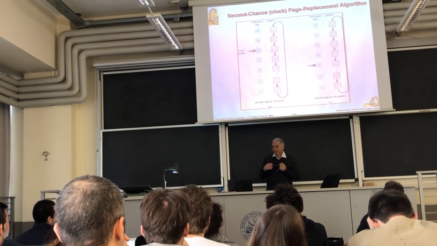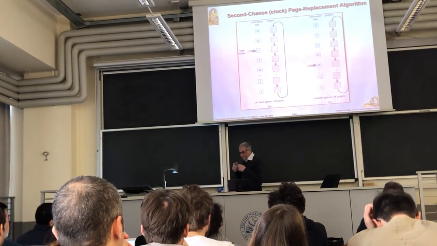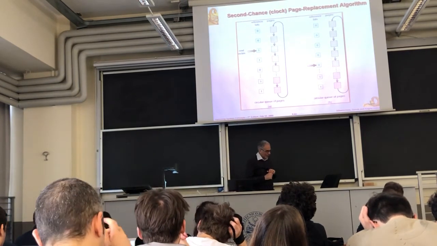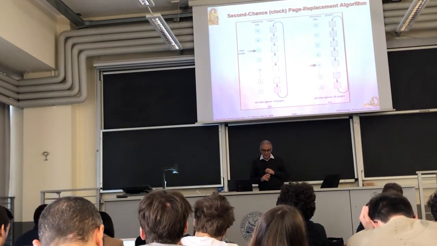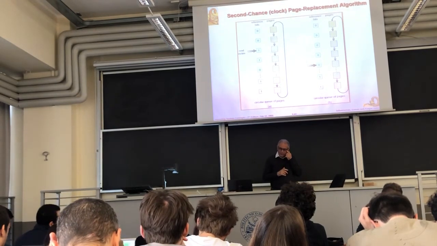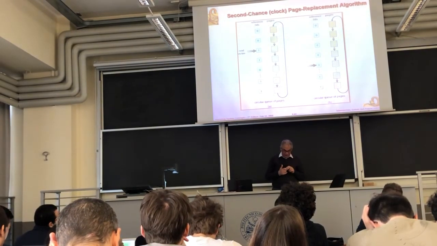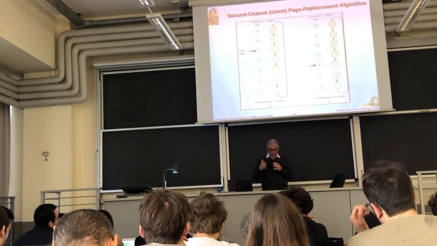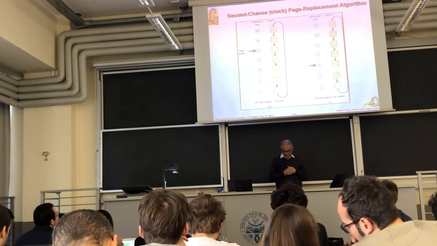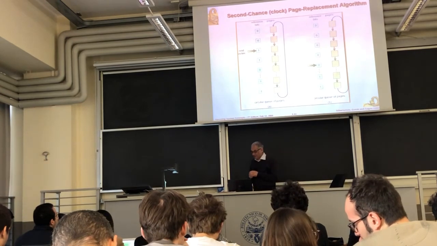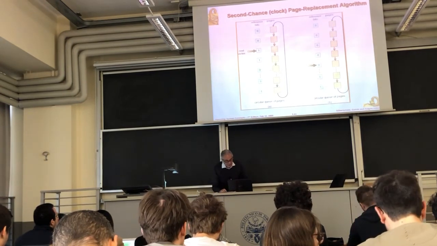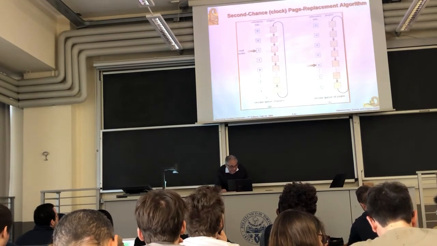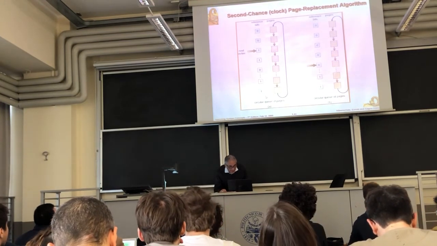So, what does the second chance algorithm do? It is an evolution of the first in, first out algorithm. So it's fast because it works at every page fault. These bits are set automatically at the references by hardware.